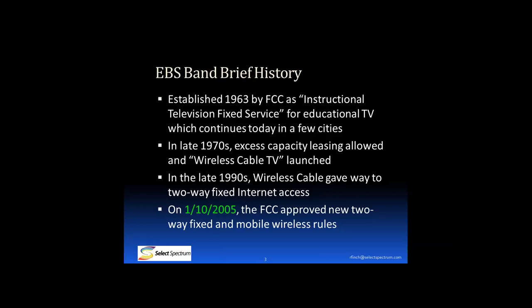That's why, beginning in the late 90s, the FCC gave permission to allow two-way data service on these types of licenses. And many companies would, in fact, lease that spectrum for two-way fixed data. But in 2005, the FCC approved new two-way rules for mobile as well as fixed service.